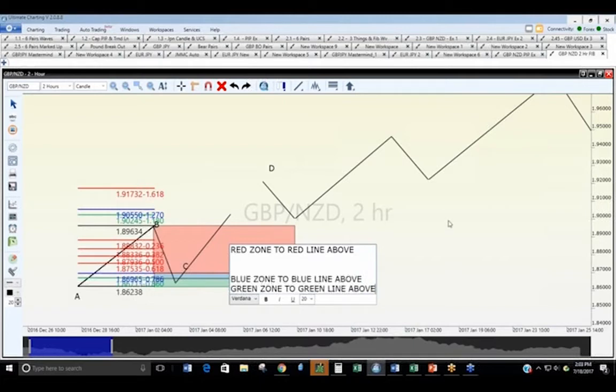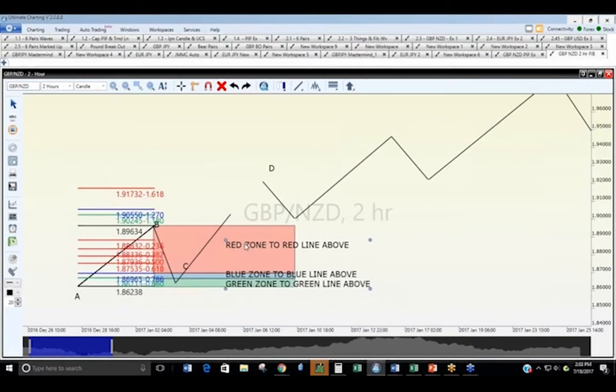I'm going to share with you how our basic strategy works. If the price retraces in the red zone here, then we expect it to go to this red line above. If it comes down to the blue zone, then we expect it to retrace back up to the blue line. And if it comes down to the green zone and reverses, we expect it to go up there. So red to red, blue to blue, green to green.